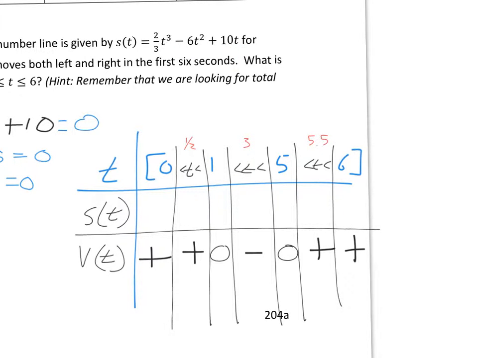All I'm doing is plugging in these 4 blue values here into this function. I already did it ahead of time, and I got 0, of course, because that's our starting position. Then at 1 second, I had a 4 2/3. At 5 seconds, I was at negative 16 2/3. And at 6 seconds, I was at negative 12.